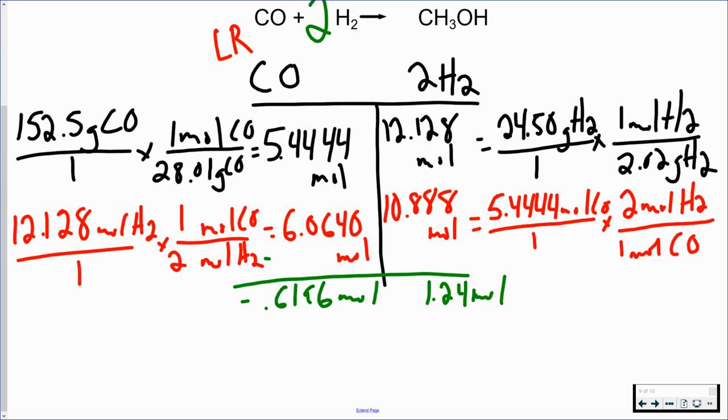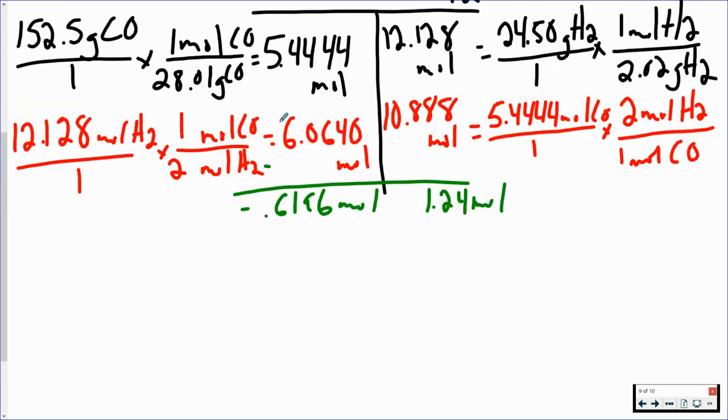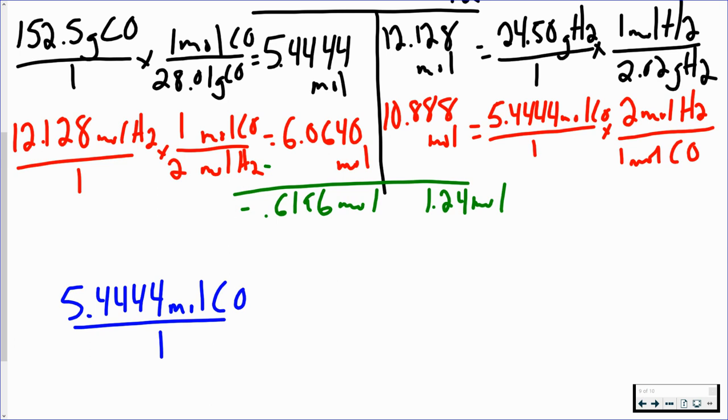Well, now the question becomes, how do I calculate how much CH3OH I would be able to produce? In order to do this, you are going to take the mole amount of the limiting reactant. So you're going to take this mole amount right here of 5.4444 moles of CO. You're going to put that over 1, and you're going to convert it to grams of CH3OH.